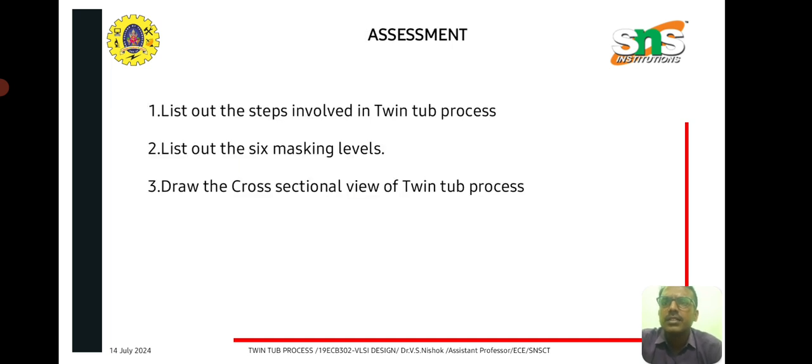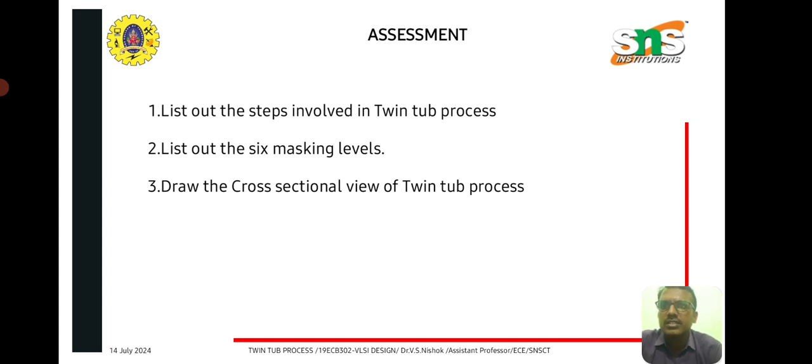We start with two transistors based on N-well and P-well, and we fix the layers one by one, and then finally make the PMOS and NMOS transistors, and we see the cross-sectional view of the twin tub process of CMOS fabrication.